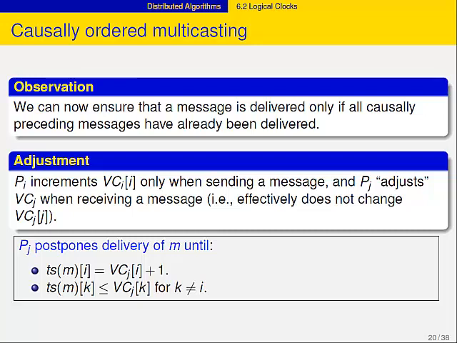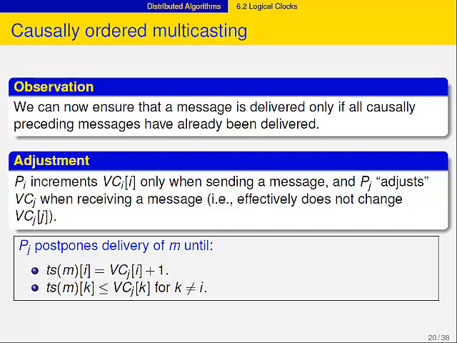Getting very close. You know what it is? I have seen all the messages that the sender had seen when it sent message M. And you were almost there. And you said, I do not have to expect any other messages. But that's true, by the way.